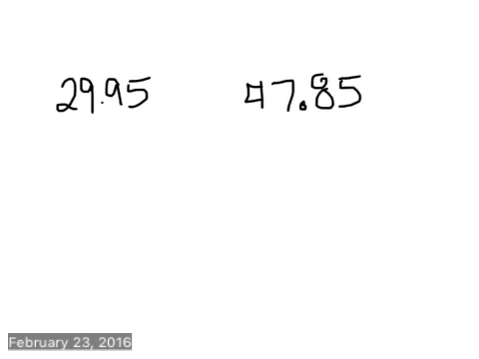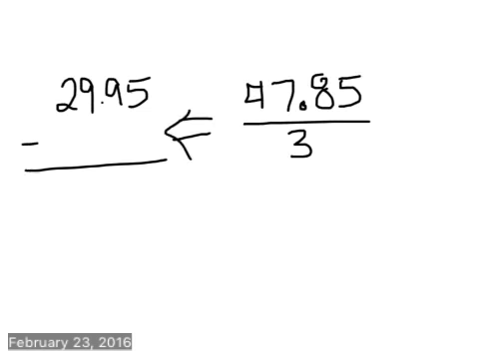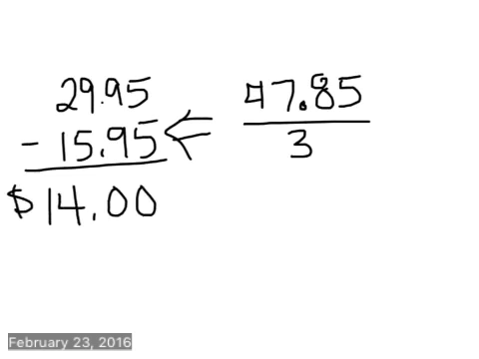So the first thing you have to do is take $47.85 divided by 3, and then take that number and subtract it from the $29.95. So I take $47.85 divided by 3, and I get $15.95. Then I subtract the two numbers and I end up with $14. That is the markup per train.